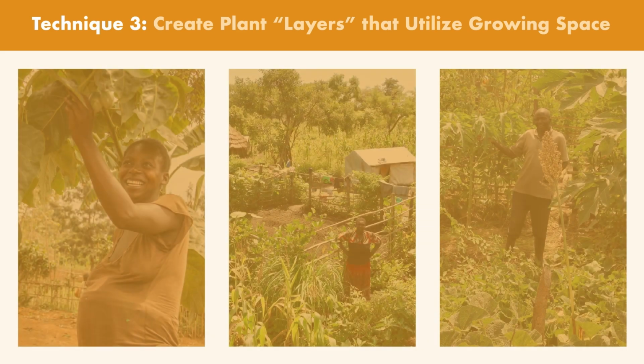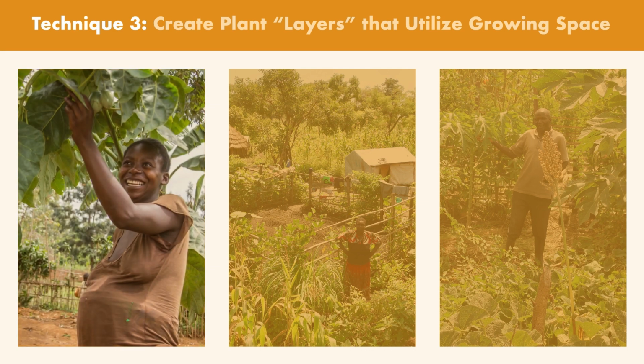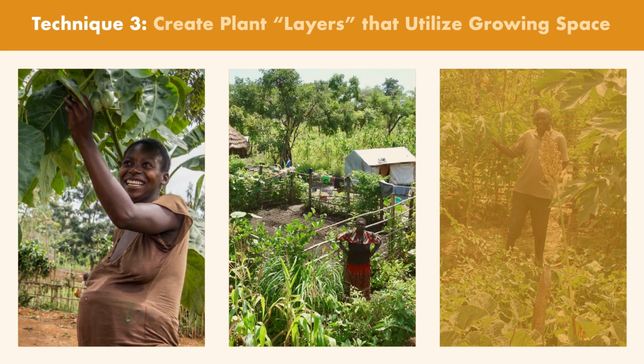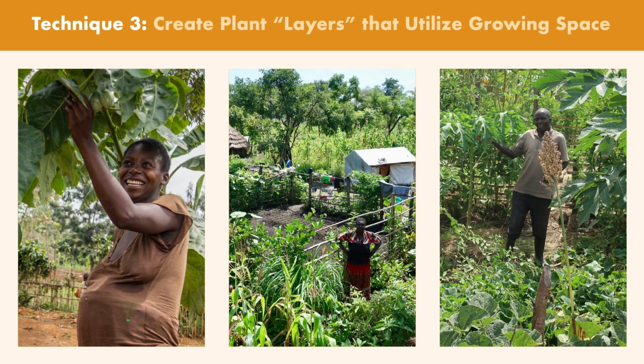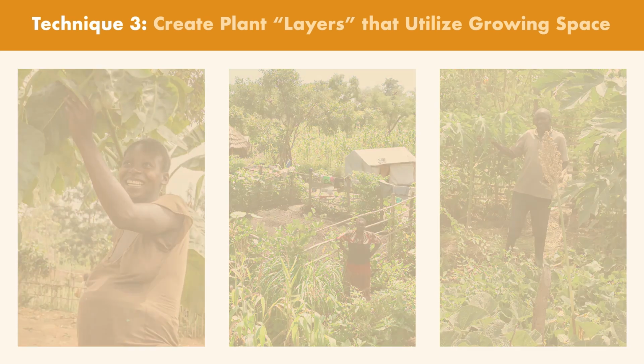Filling a garden space this way often involves incorporating trees and other perennial plants into the compound. These plants can provide some stability to households because they can be harvested for food or income during times when annual crops are unavailable. Trees and other perennials don't require much maintenance once established.